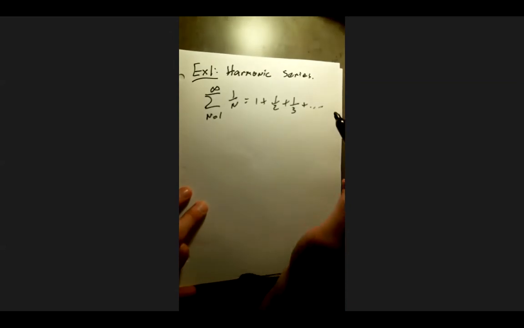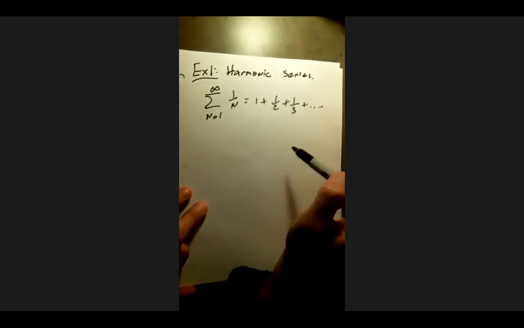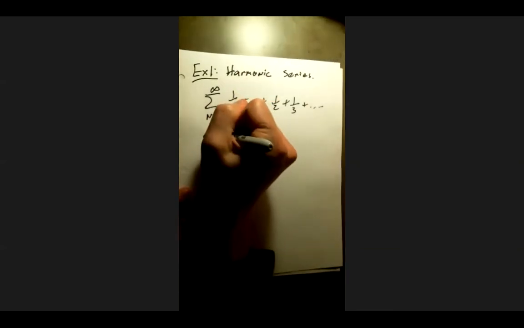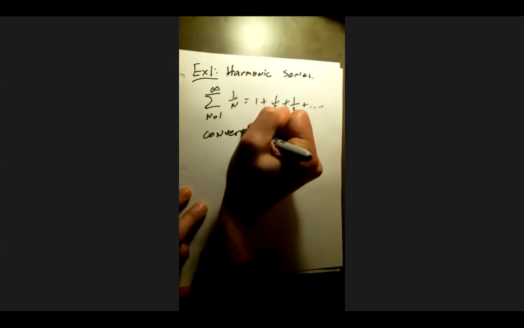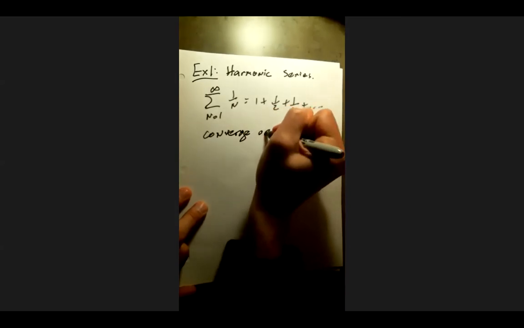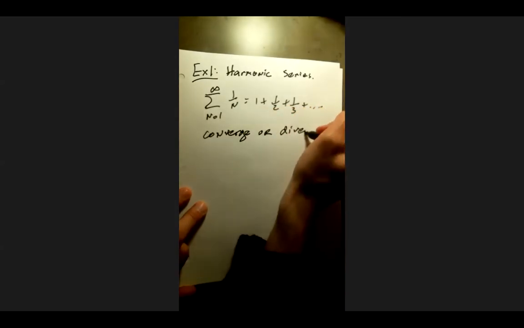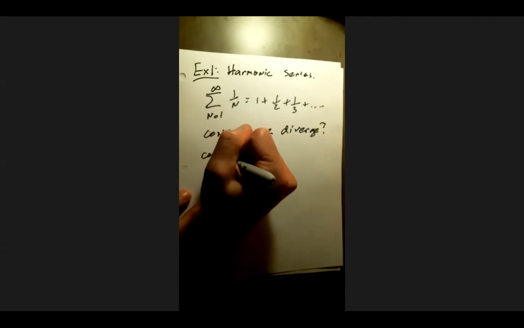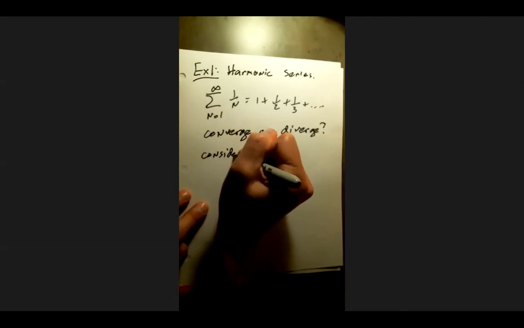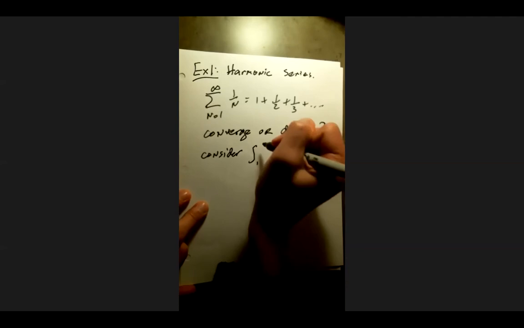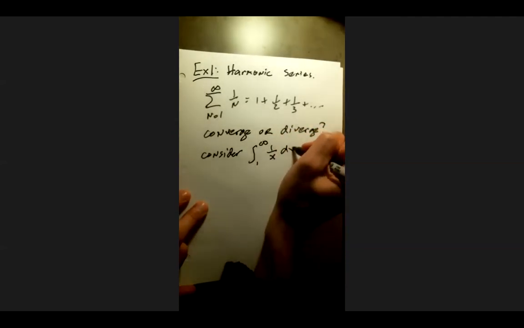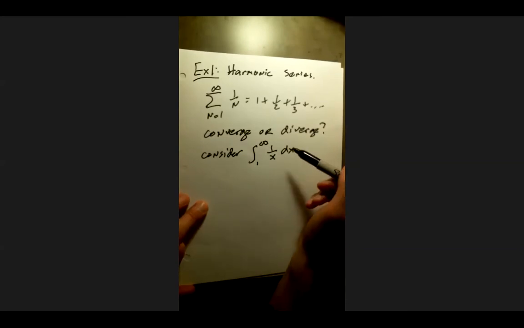So if we want to test this for convergence or divergence, we would say, does it converge or diverge? We can use our integral test. So we could consider the integral from 1 to infinity of 1 over x dx. Which kind of integral is this?